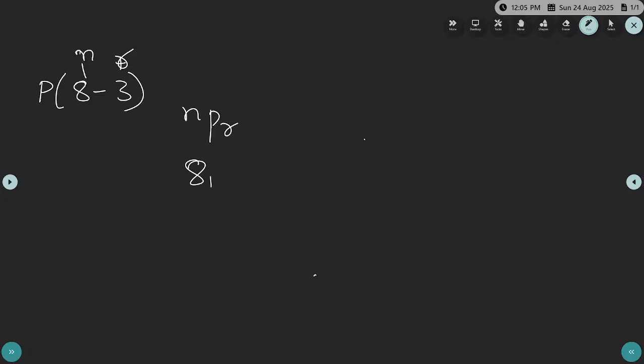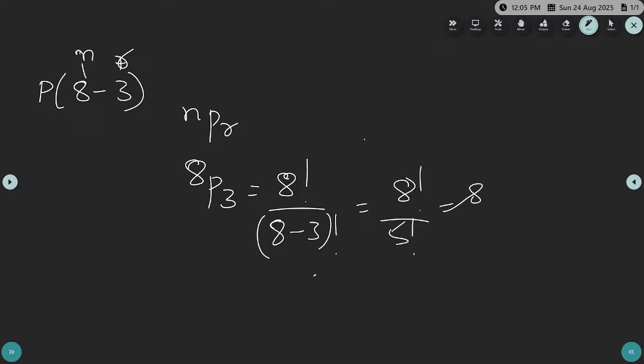So 8P3 is 8 factorial by 8 minus 3 factorial. So it is 8 factorial by 5 factorial. So it is 8 into 7 into 6 into 5 factorial by 5 factorial. So it is 336 ways. Right? What is the second one?